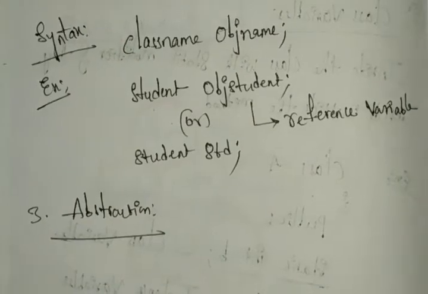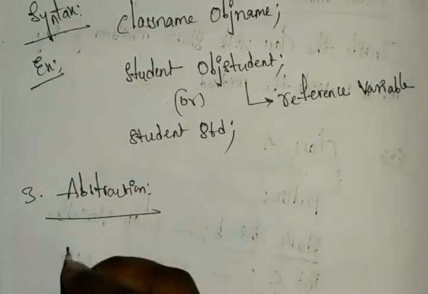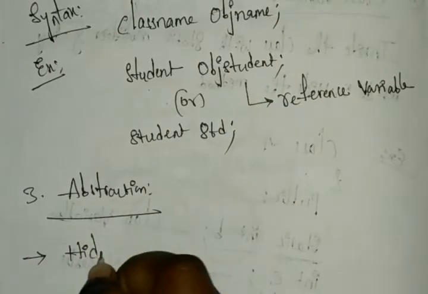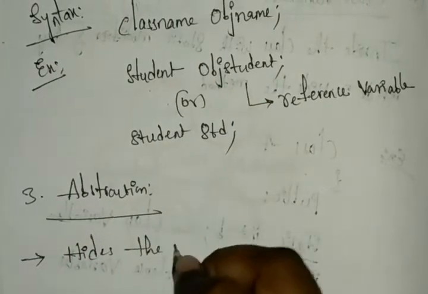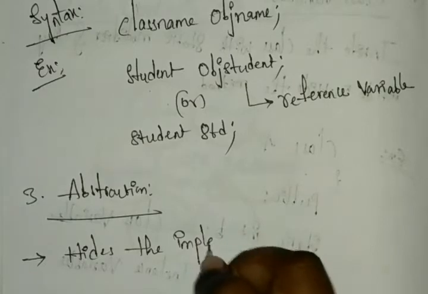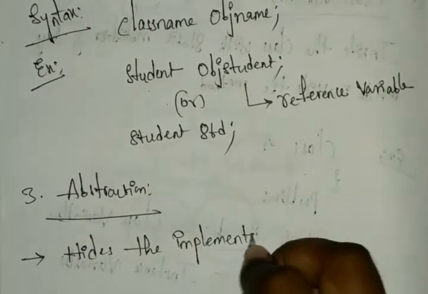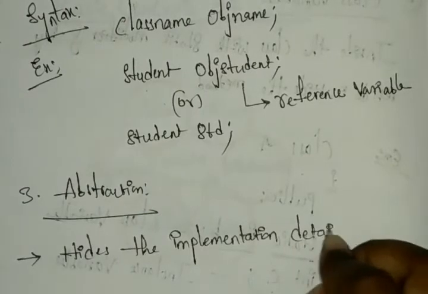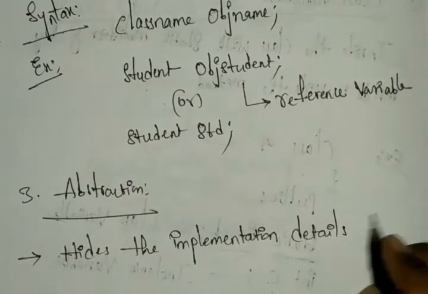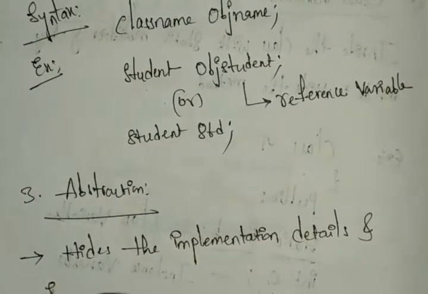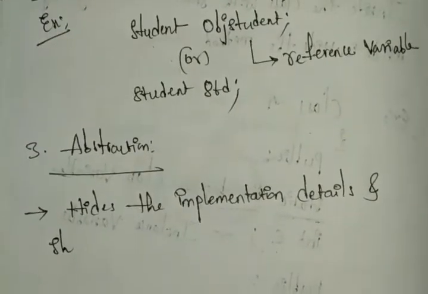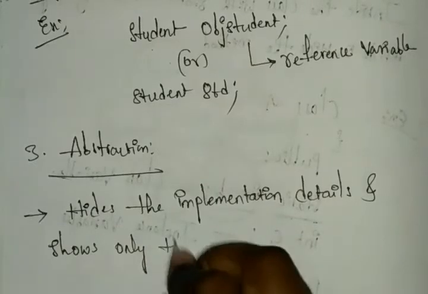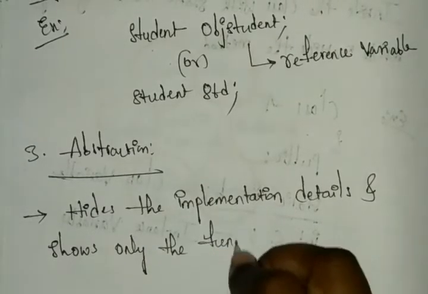First we'll write the definition: it hides the implementation details. Whatever you created, those details are not displayed to us, and it shows only the functionality.